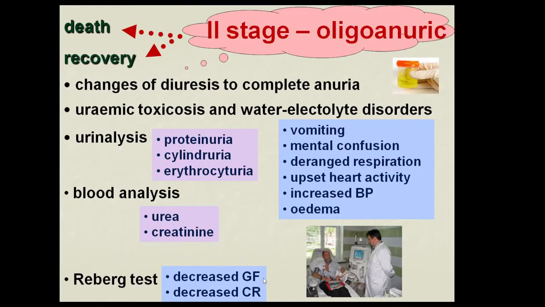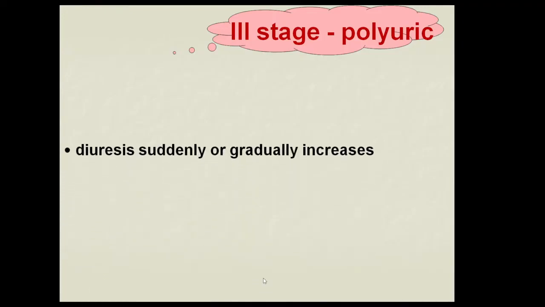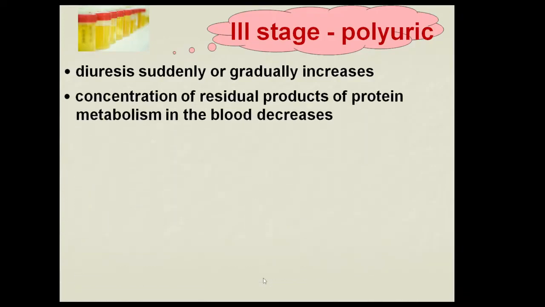In a positive process, the patient goes from the second stage to the third stage. How can you know about it? From anuria, the patient again starts to urinate, but not normally: the polyuric period, because the affected kidney cannot control diuresis. It suddenly and significantly increases.